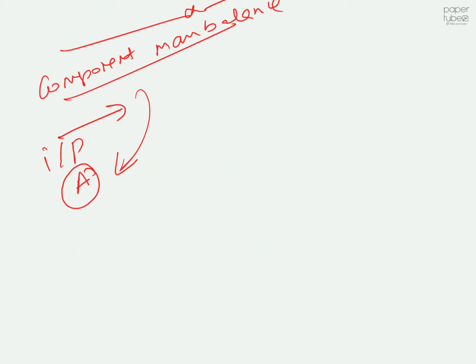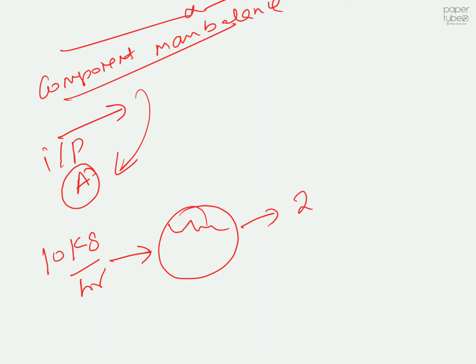Or you can perform a total balance, which sometimes we call a flow balance. You have some system, say something going in at 10 kg per hour and say 2 kg per hour. So this is the total flow rate. 2 kgs of some product comes out in this stream in 1 hour, and the other one should be how many kilograms per hour. So this is the total balance.